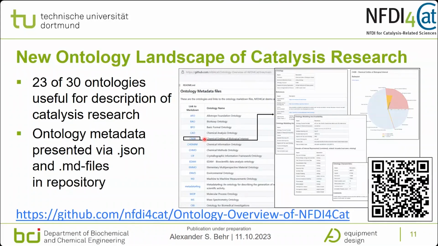If you click on one of the ontology abbreviations, you are redirected to another markdown page where all the metadata we collected for each ontology is listed. On top, you can also see such a fancy radar plot showing the classification we made for the respective ontology, so in which domains it contains more concepts and in which domains it contains fewer or even none.